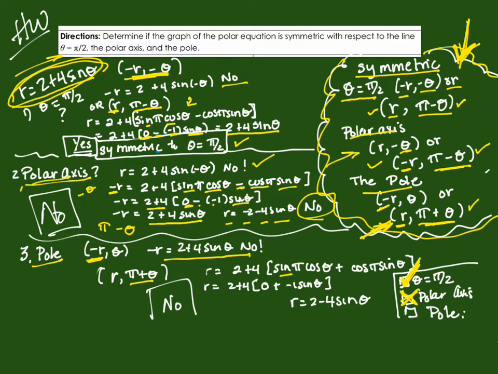So we have sine pi cosine theta plus cosine pi sine theta, which gives us 2 plus 4 of 0 plus negative sine theta, which is 2 minus 4 sine theta, and we were supposed to have 2 plus. So that is a no also. So there's number 1 on your homework.